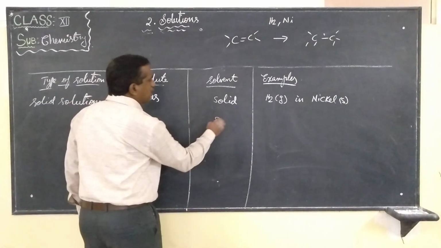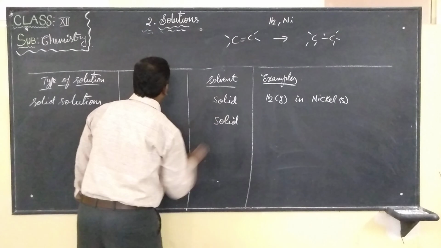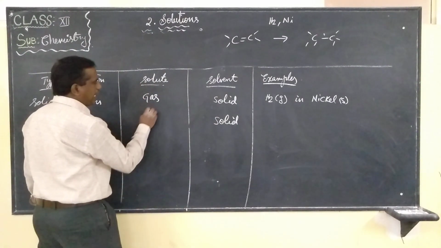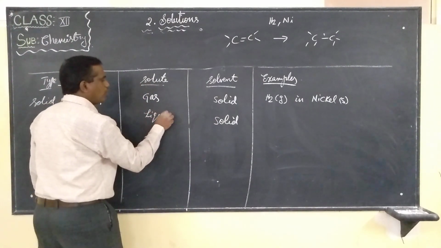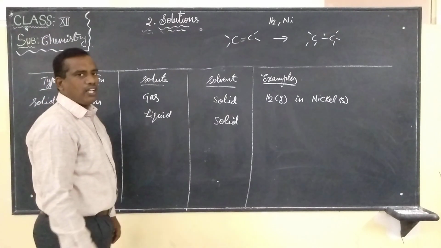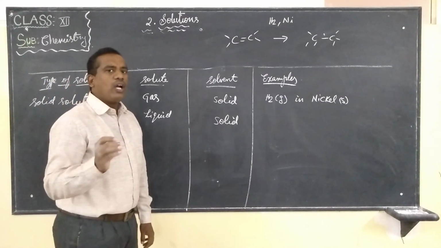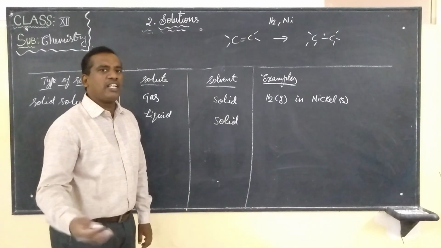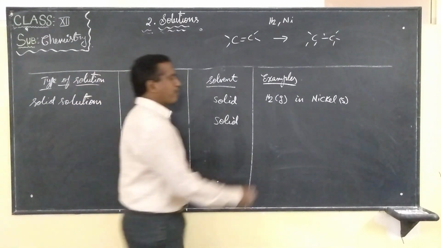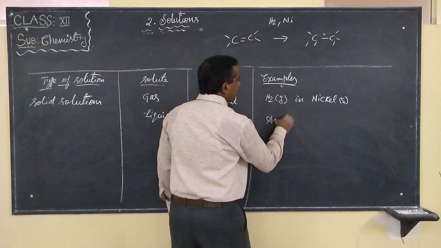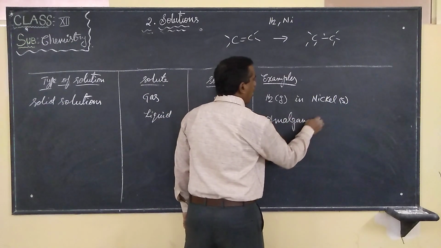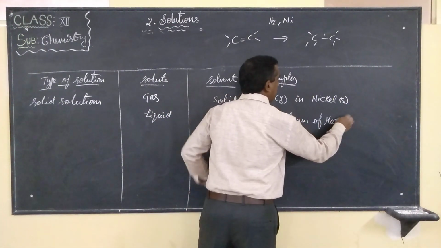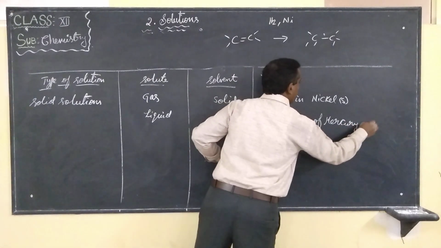Now our solvent is a solid, but our solute is a liquid. Now we know a metal that is present in liquid state. What is the metal that is present in liquid state? Mercury. Amalgam of mercury in sodium.